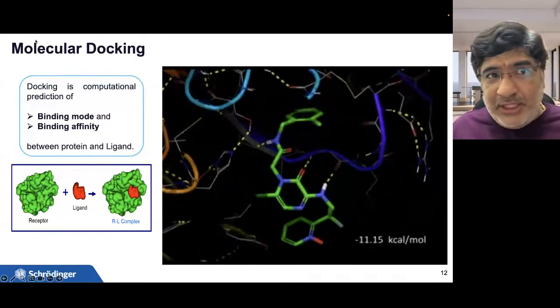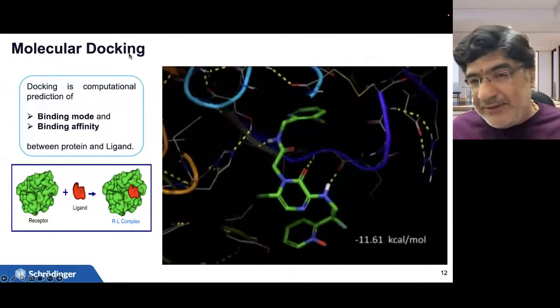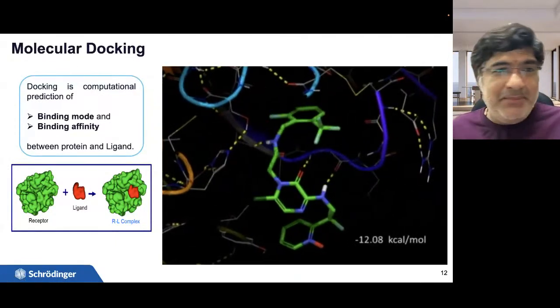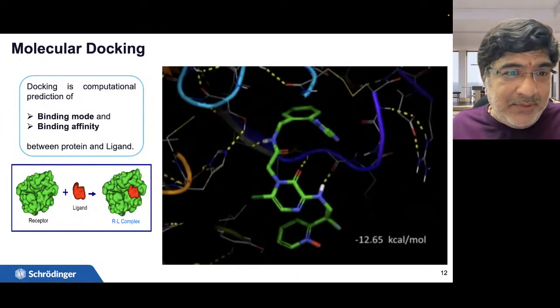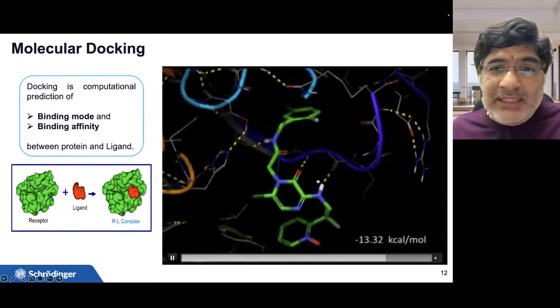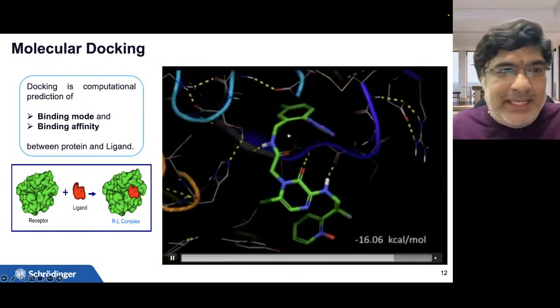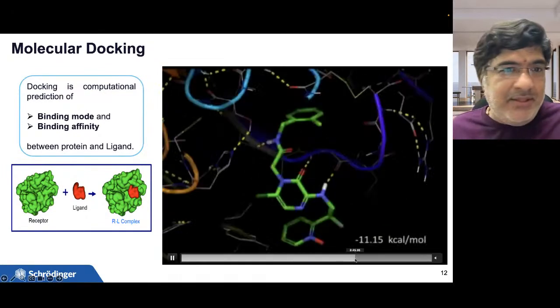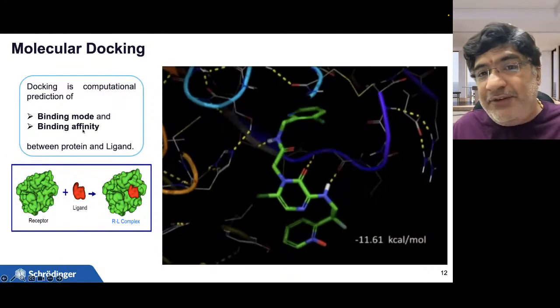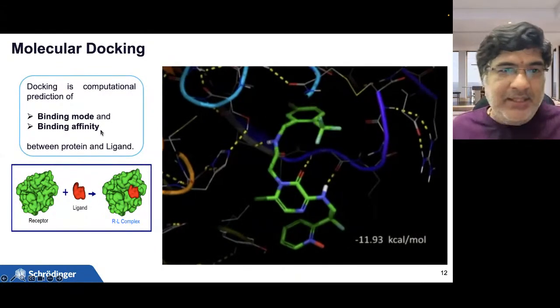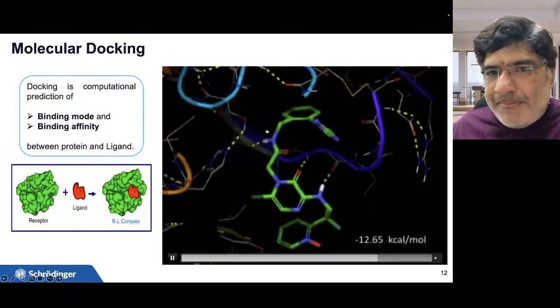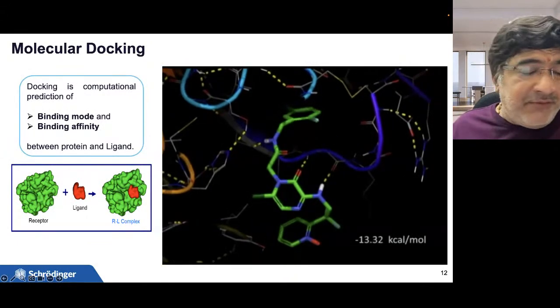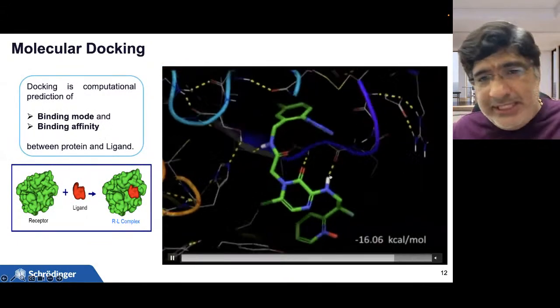With a molecular docking program, you might have heard of molecular docking several times, you are figuring out the way the ligand is occupying, or the binding mode of the ligand. The second thing is the strength, the binding affinity, with what potency it is binding. The driving force for binding affinity is non-bonded interaction.